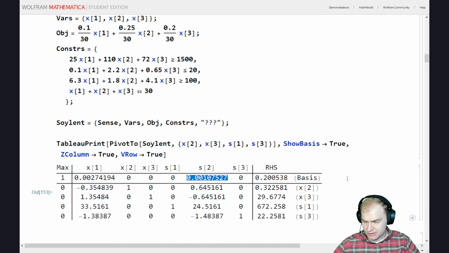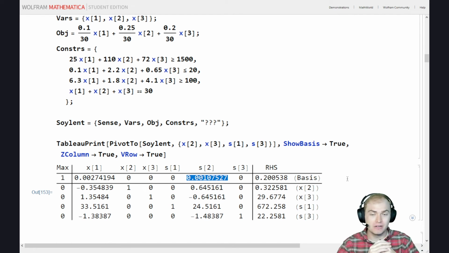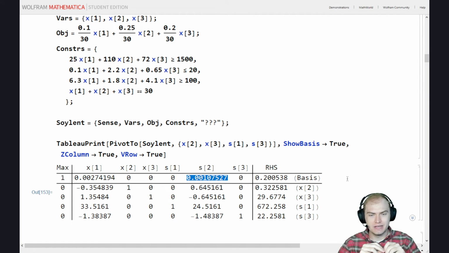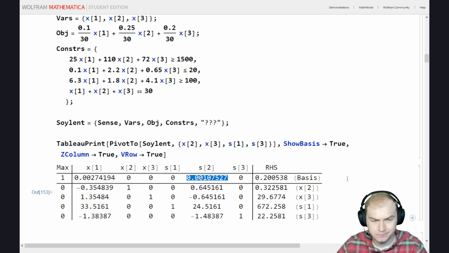So if you are creating Soylent Green, or if you work for the Soylent company and you're trying to create these pastes, you want to sell more Soylent. I think we're in the Soylent yellow, blue. No, Soylent red is X2.